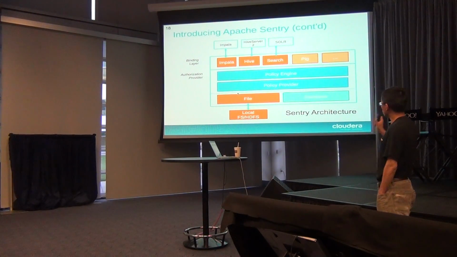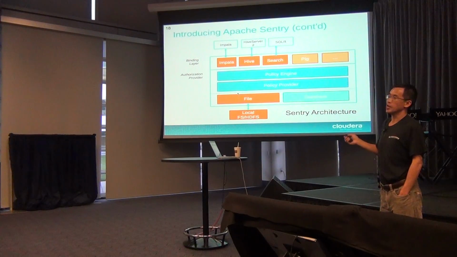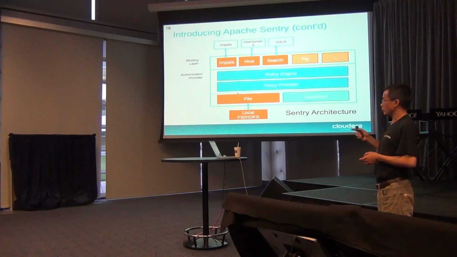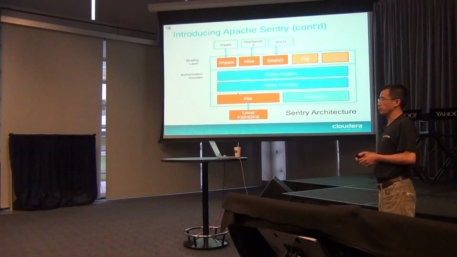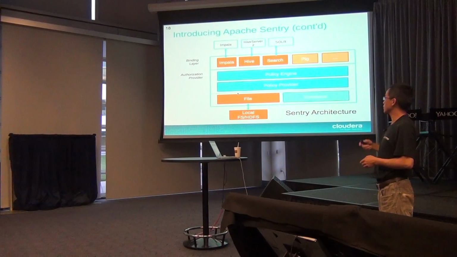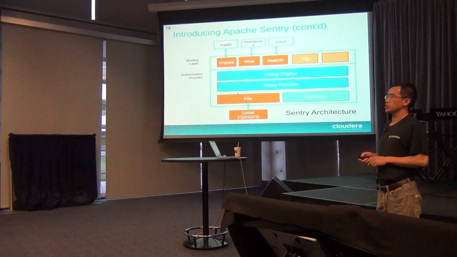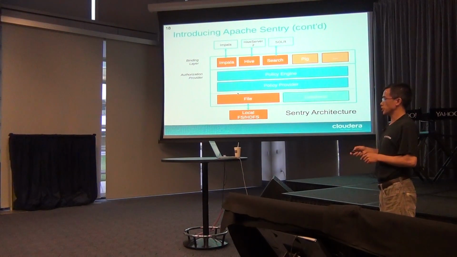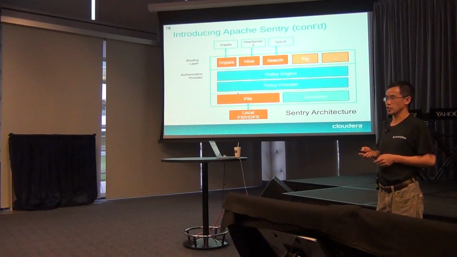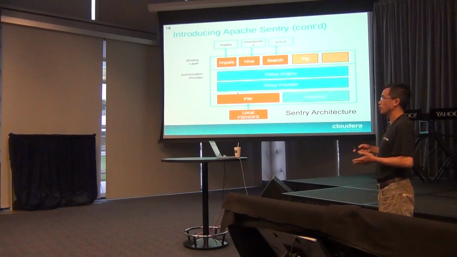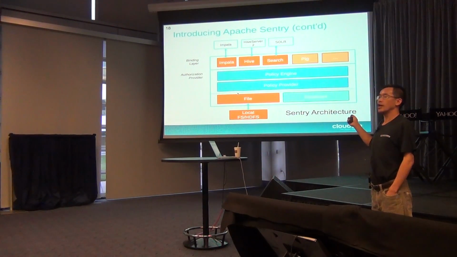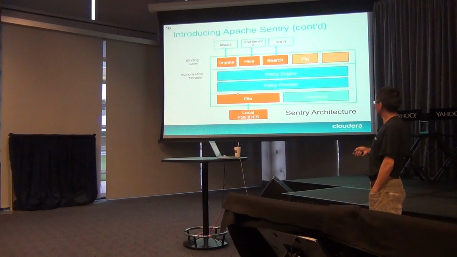Each box we can think of as some hookup code for those components, like Hive and Impala, that need to make a method call or service call into Sentry when they need to check whether the user has permission to do certain things. On the lower part is what we call the policy provider.